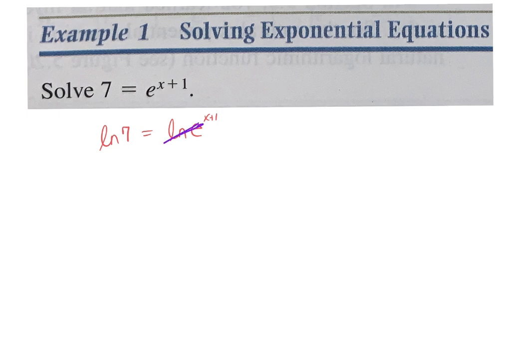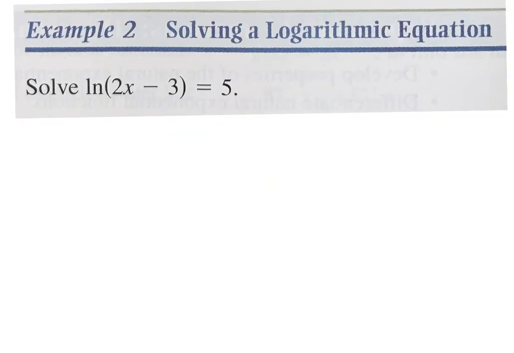So natural log of 7 equals x plus 1. Then I can solve by just subtracting a 1. Natural log of 7 minus 1 will equal x. You can put that into your calculator. It's approximately 0.946. Easy enough.